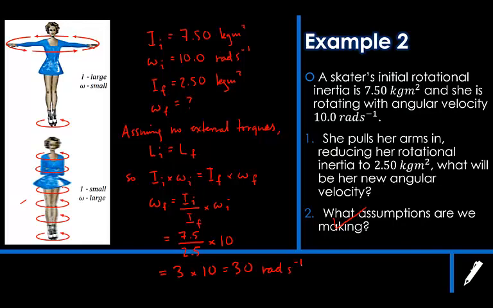So we can also see here, having solved this problem now, that because the rotational inertia decreased by a factor of 3, the angular velocity must have increased by a factor of 3 in order to keep the angular momentum constant.